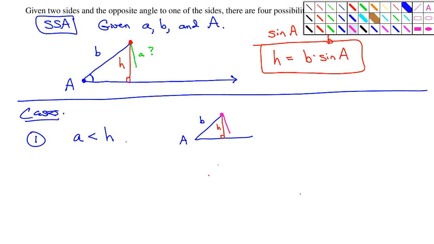But if A is smaller than the height, there's no way it's going to reach down to the ray. It's not long enough. The height is the shortest distance from that point down to the ray, and if A is smaller than that, it's not going to reach there at all. So our conclusion is that no triangle is formed. And the answer to questions like that would just be no triangle.